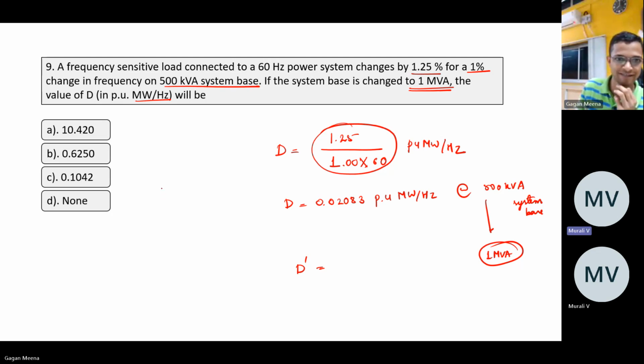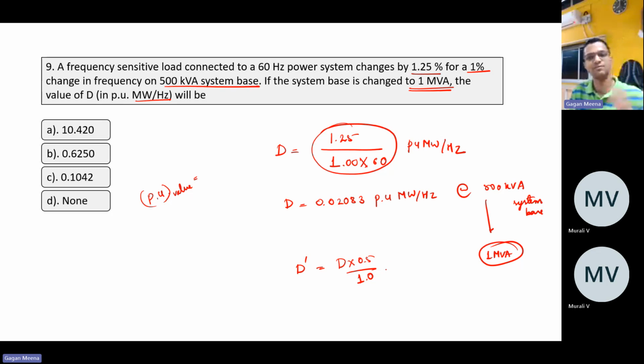This per unit megawatt is the numerator, so you need to multiply by 500 and divide by 1000. Yes, correct. So you need to divide by 2. So it will be 0.01046. So this will be the correct value. I think none is the answer. Yeah, none is the answer.